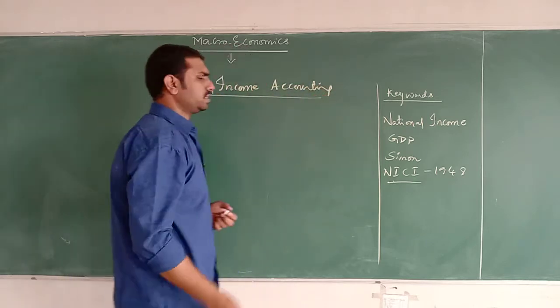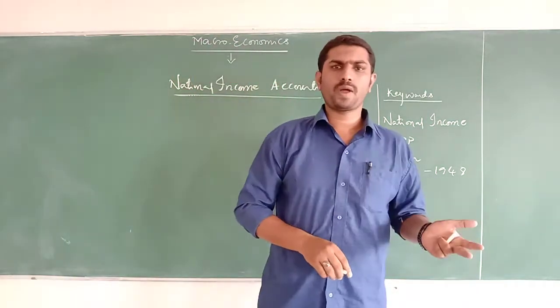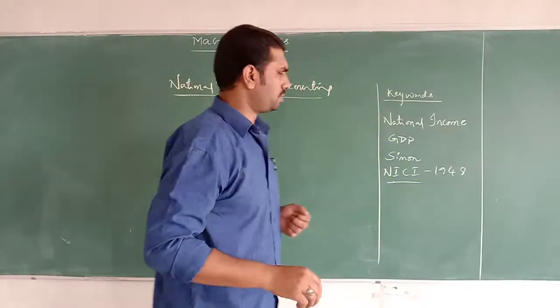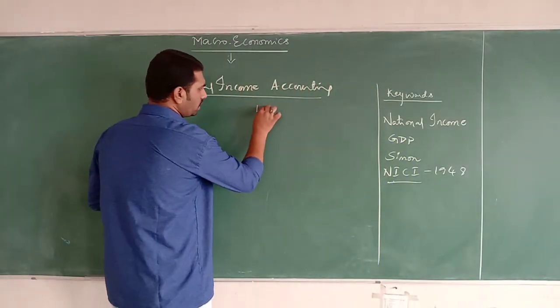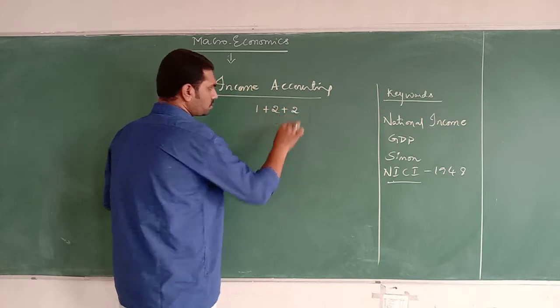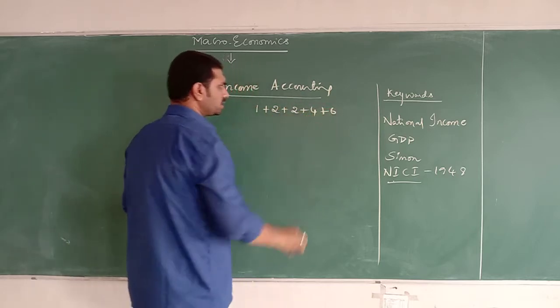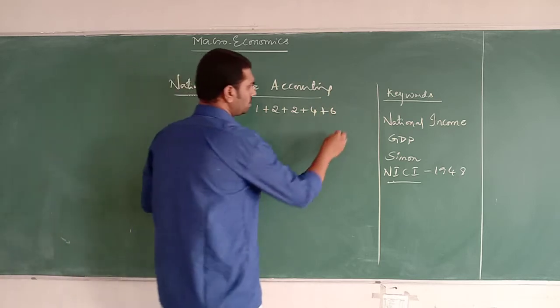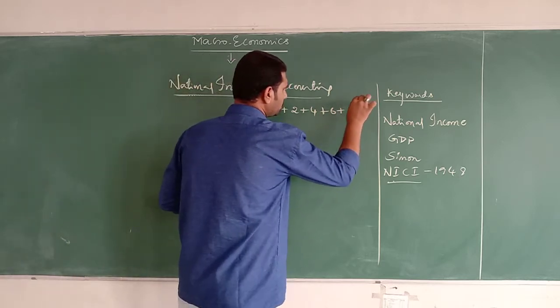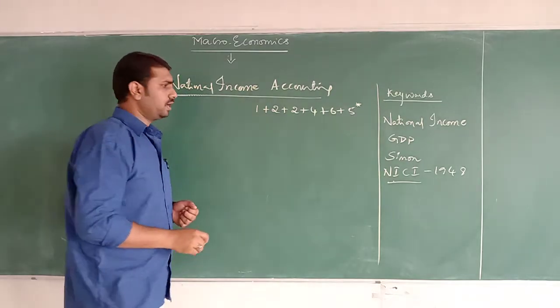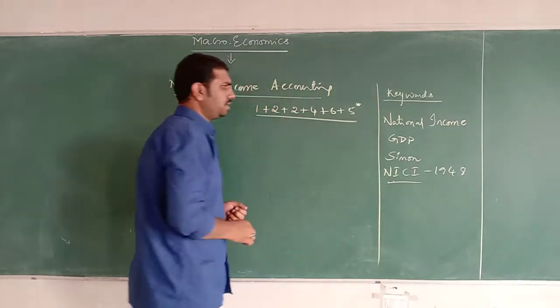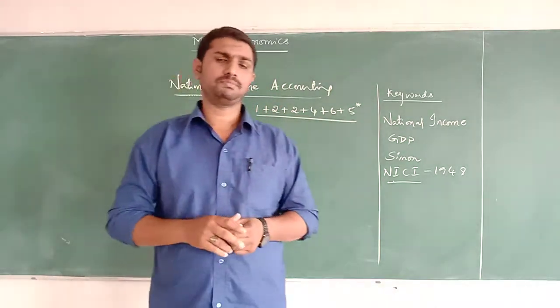Before getting to this chapter in detail, let's go through the weightage of this chapter. That is 1 mark 1, 2 marks 2, then 4 and 6 marks 1 question each, followed by the last one, a POQ question from this chapter. Moreover, this chapter has a weightage of 20 marks.